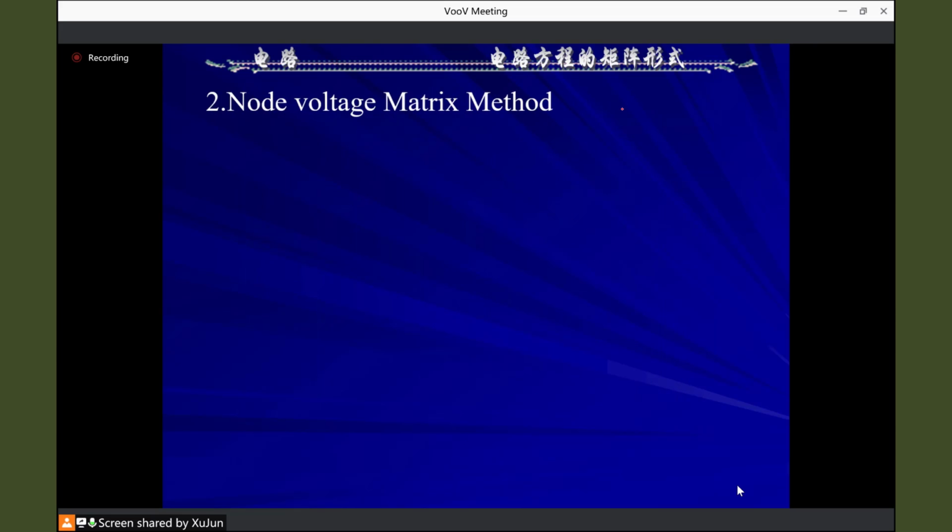Okay, we have introduced how to use the voltage to express the current with Y. Now we introduce the node voltage matrix form.